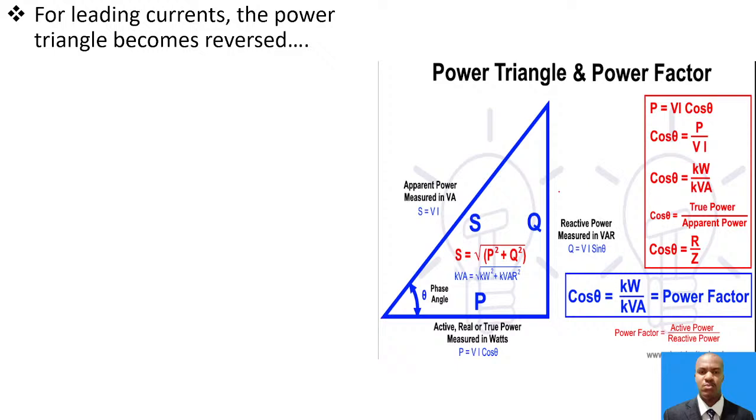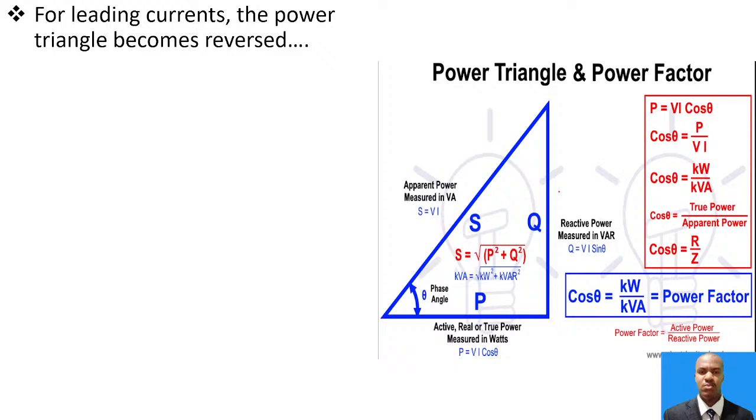So I've said for a leading current, the power triangle becomes reversed, and that implies that it gives an opportunity to improve the power factor. The power factor can be improved by connecting a device in parallel, and that device must be taking a leading reactive power. An example is a capacitor connected in parallel with the load.